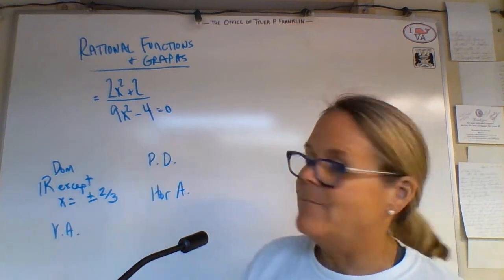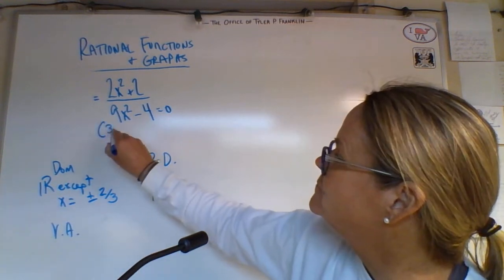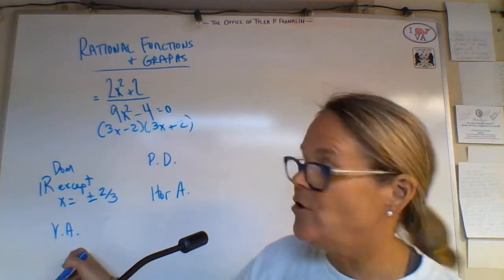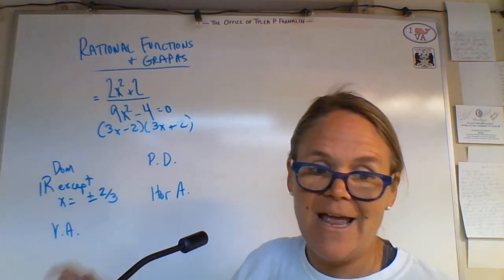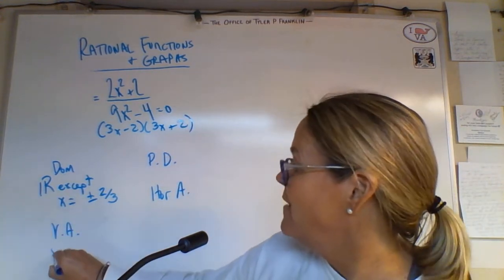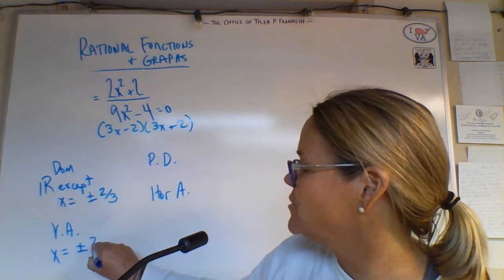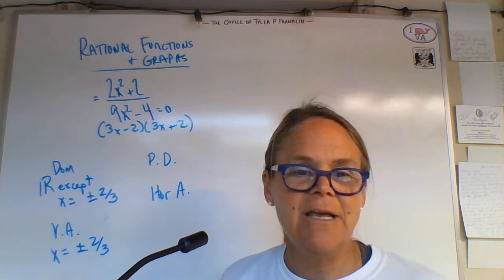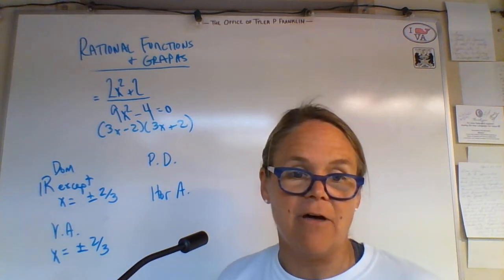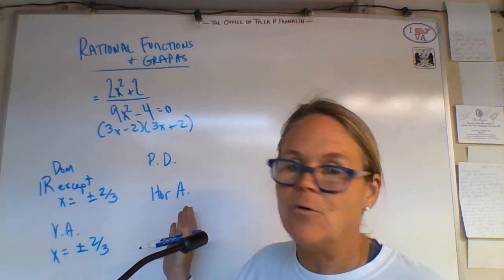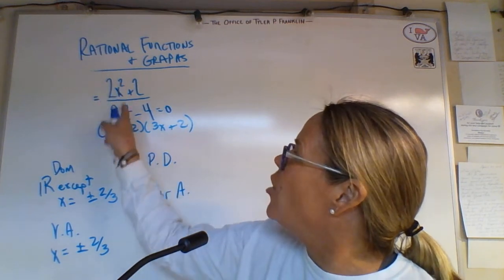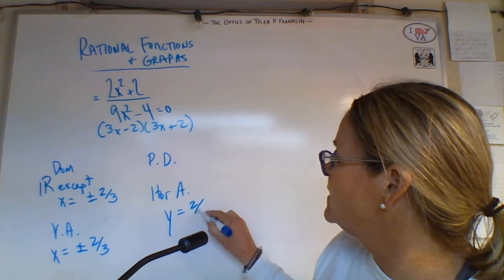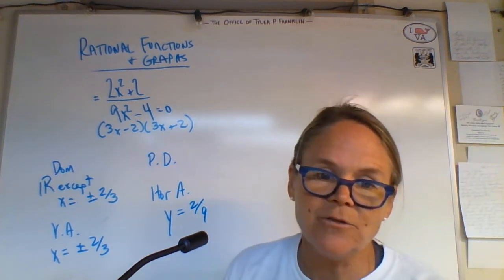You don't have a common factor, so your vertical asymptotes are the same as those: x equals plus or minus 2/3. No point of discontinuity because we have nothing to cross off. Horizontal asymptote: the degrees are equal, so your horizontal asymptote is going to be y equals 2/9.